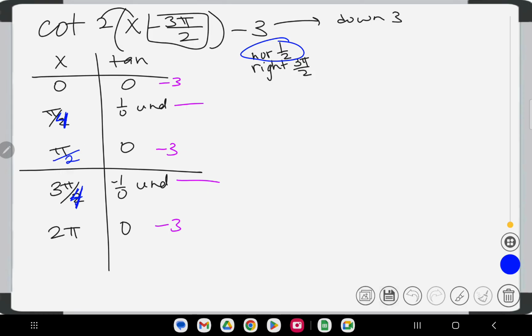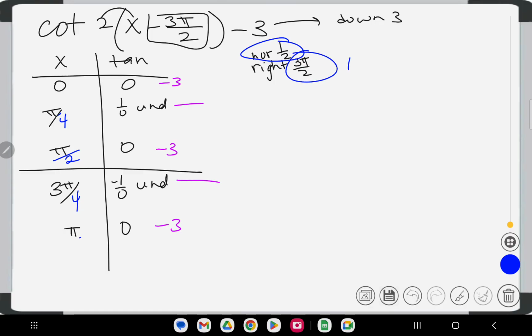It's going to become 3 pi over 4. And if I divide that by 2, it's just going to leave pi. I'll rewrite that, and I'll rewrite that. Now, I should have done it in 4s.